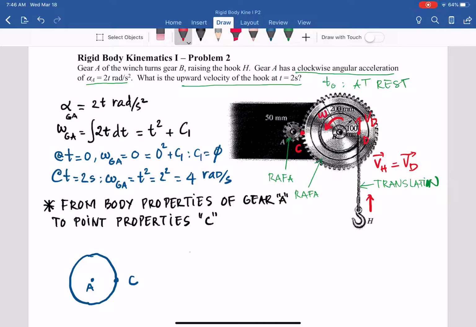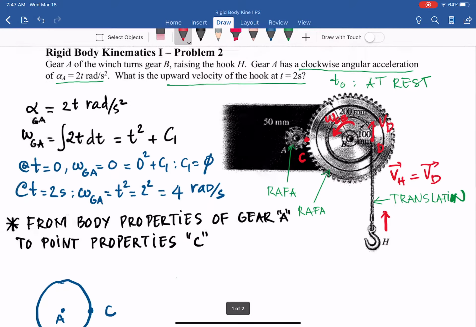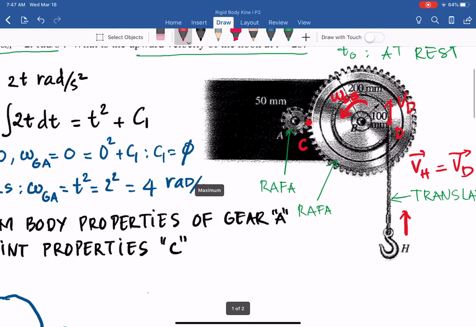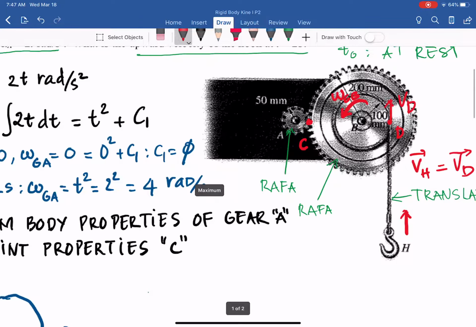So omega GB, right? And when omega GB goes counterclockwise, common point C also belongs to gear B, so it has to be consistent with omega GB. So then the velocity VC has to be going down.